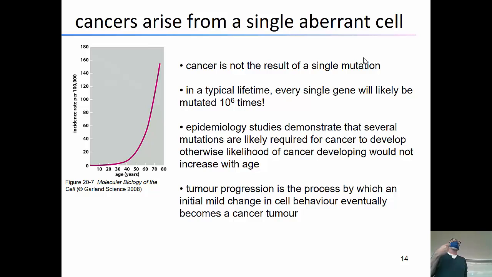And so the cells are not as capable of fixing their DNA, and they're more likely to accumulate mutations. So this could explain why we see this exponential increase in the number of cancers with age. Okay, so we have age on the x-axis, incidence rates per 100,000 on the y.